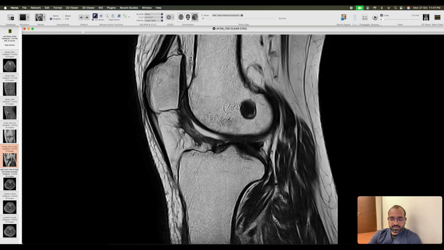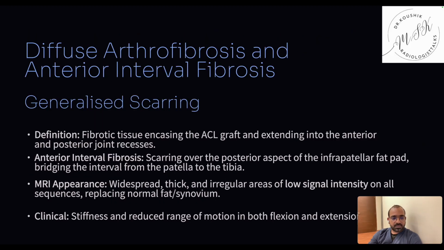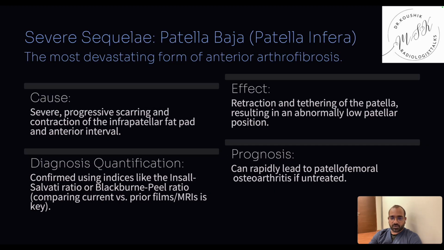So this is anterior interval fibrosis. In diffuse arthrofibrosis, even the posterior joint capsule and posterior lateral, medial, everything will be extensively involved.